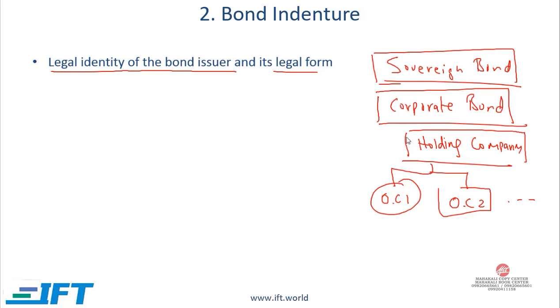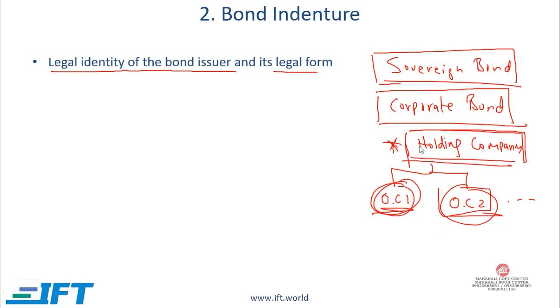Some companies are structured in this way, where there is a holding company and then there are several operating companies underneath the holding company. Sometimes bonds are issued by the holding company. At other times, the bond might be issued by an operating company or a subsidiary. The credit risk will be different depending upon who is issuing the bond.